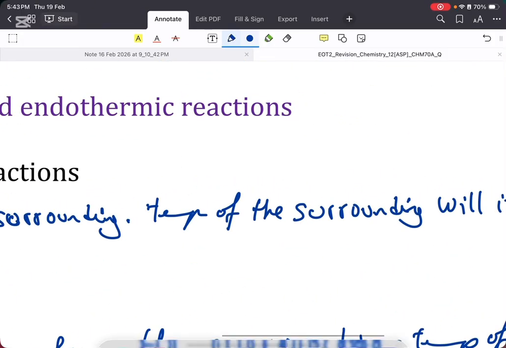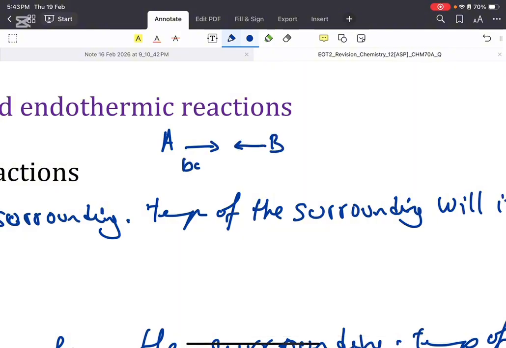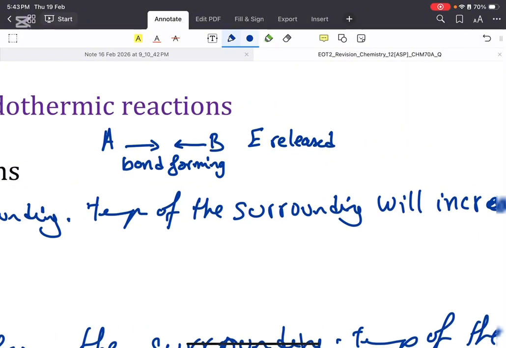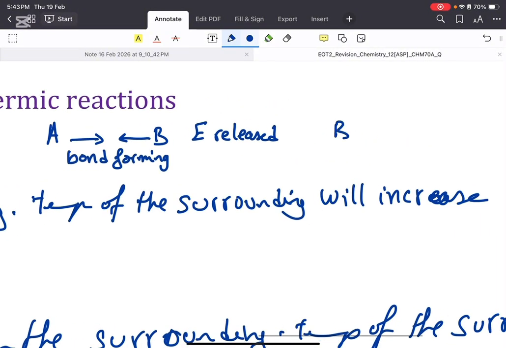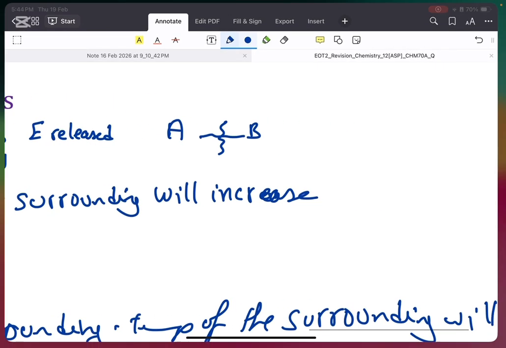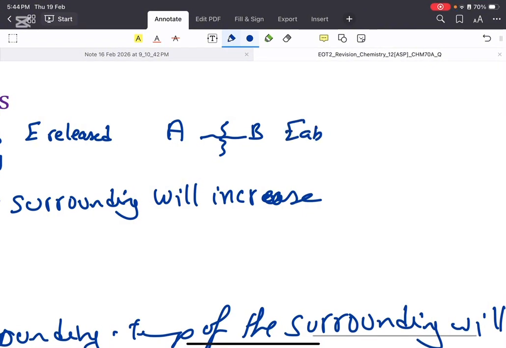I need you to know that when two atoms are bonding together, so bond forming, energy is released. So when a bond is formed, energy is released. And when a bond is broken, energy is absorbed.